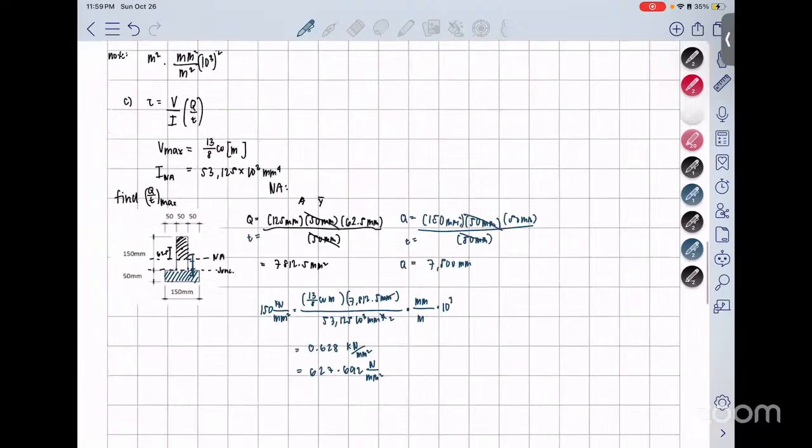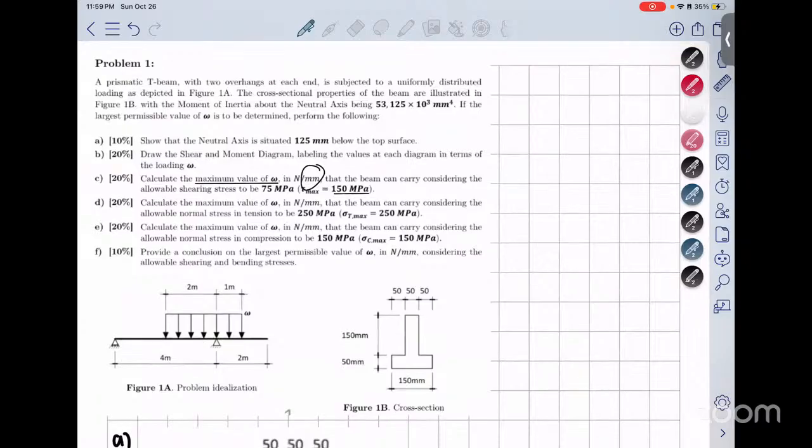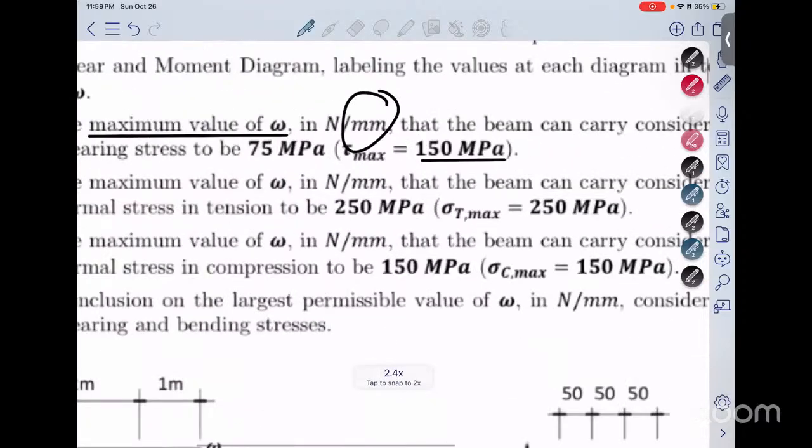Okay, moving on. Now, the next thing pinapahanap sa atin is maximum value of omega in Newton over millimeter such that the beam can carry all these considerations. So, sabay na natin yung D and E kasi they're both actual force problems. So the maximum tension is 250 megapascals.